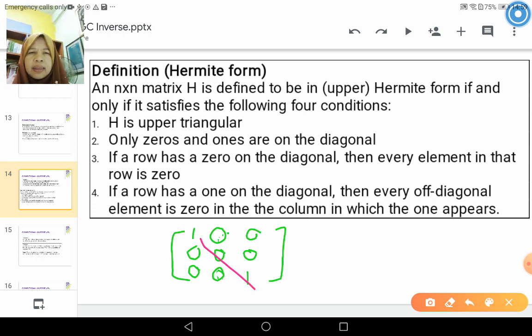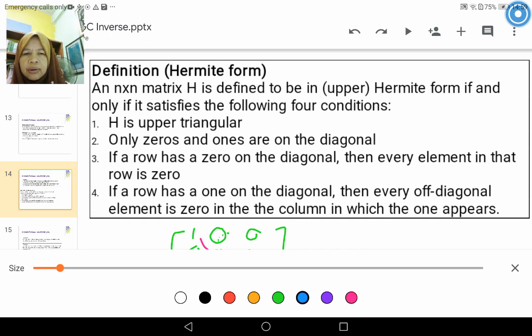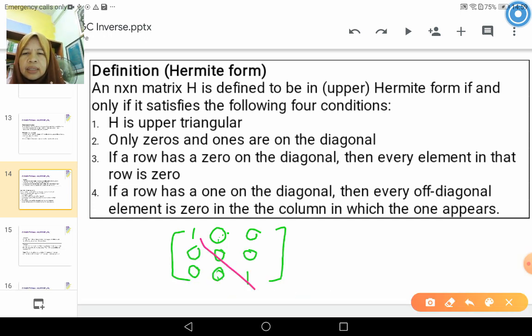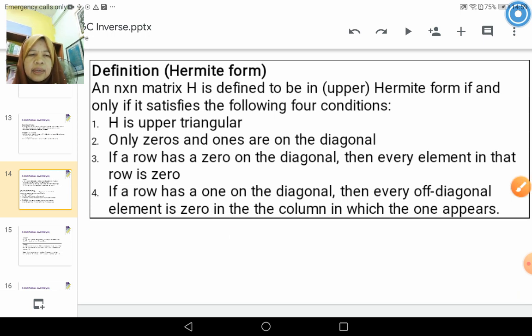If a row has a zero on the diagonal, then every element in that row is 0. So where is the row? If you see here, the elements are 0 0. If a row has a 1 on the diagonal, then every off-diagonal element is 0 in the column in which the 1 appears.